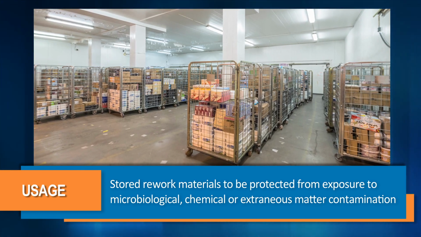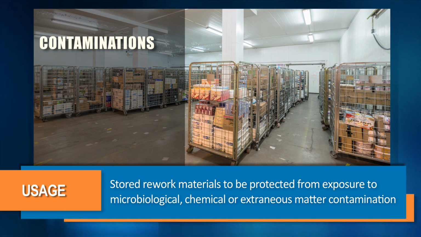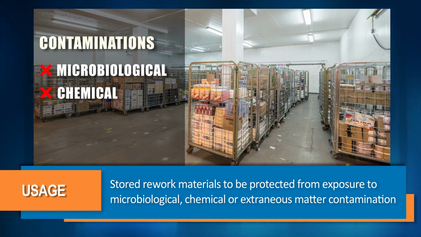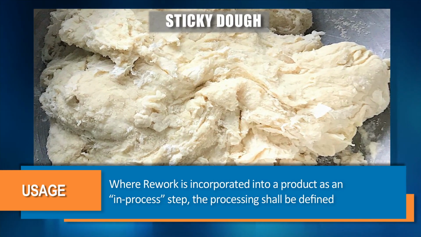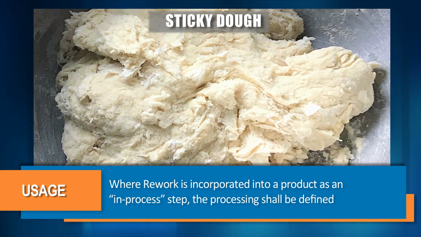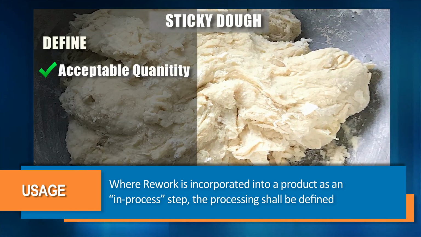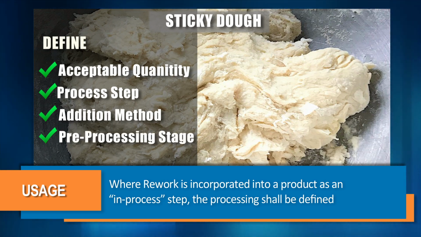Stored rework materials shall be protected from exposure to microbiological, chemical, or extraneous matter contamination. Where rework is incorporated into a product as an in-process step, the acceptable quantity, the process step, and method of addition, including any necessary pre-processing stages, shall be defined.